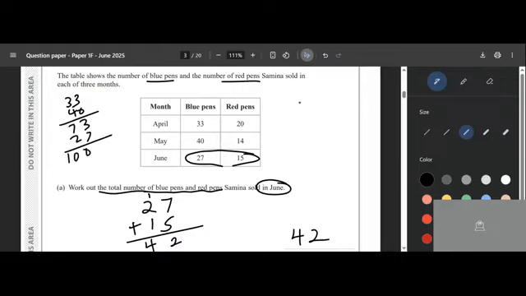On the other side, if I add the red pens, I have 20 and 14. It gives me 34. 34 and 15 will give me 49.